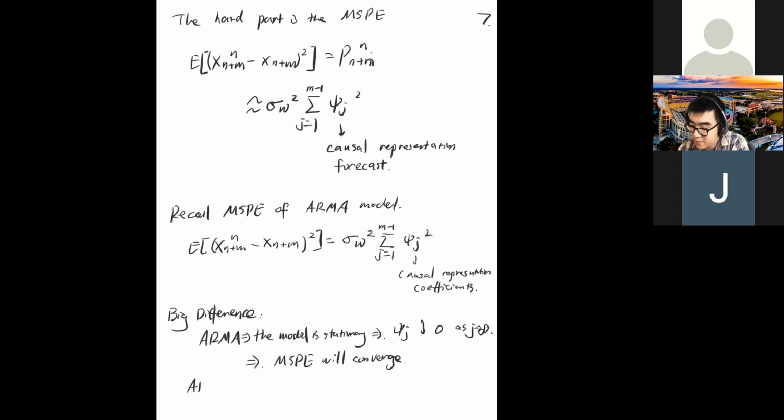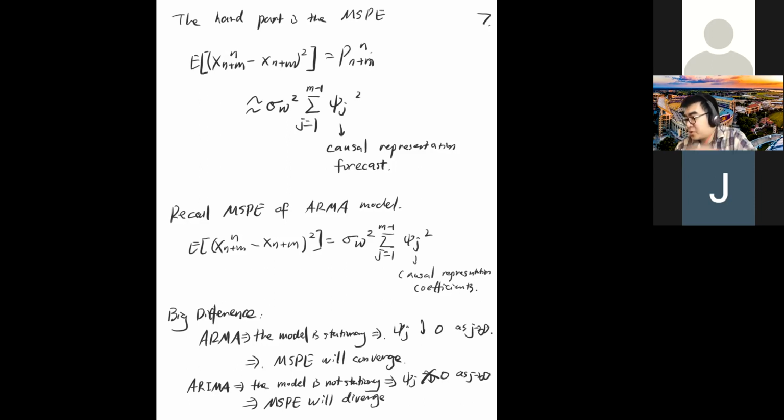However, for the ARIMA model, the model is not stationary. So that means the psi j does not converge to 0 as j goes to infinity, which further implies their MSPE will diverge. It might converge, but in most cases, it will diverge.